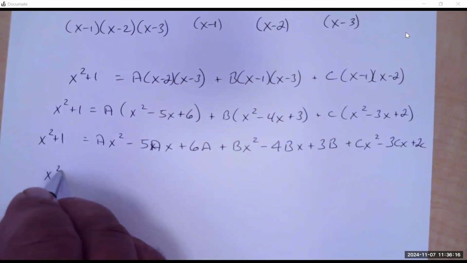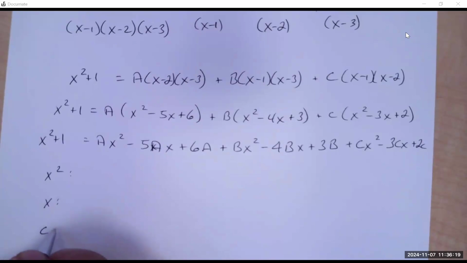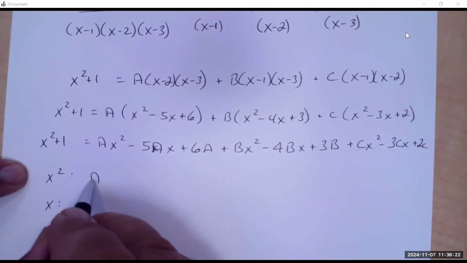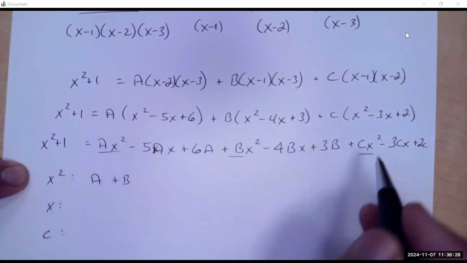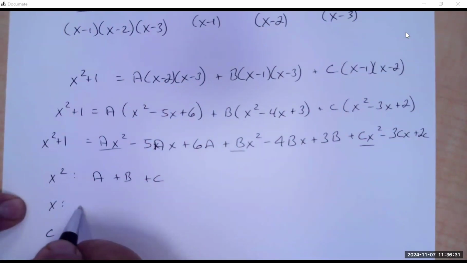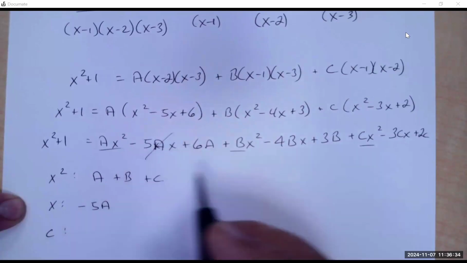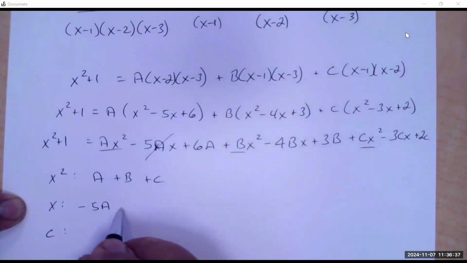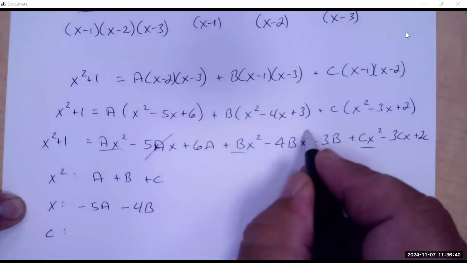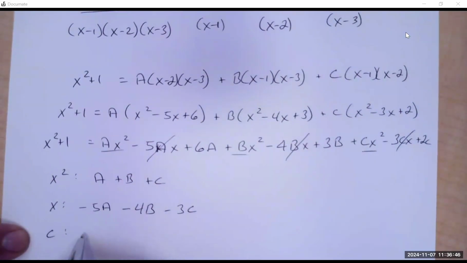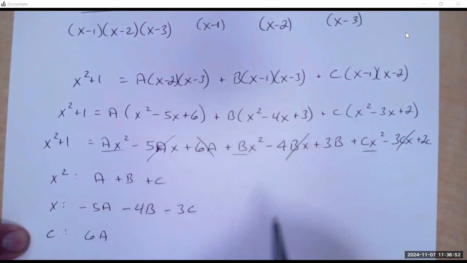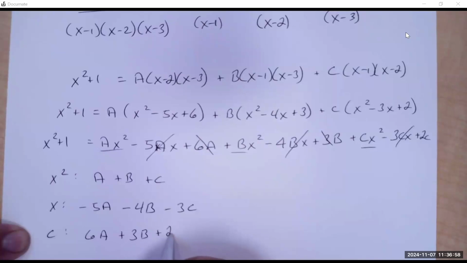So for the x squareds, the x's and the constants, we have A plus B plus C, negative 5A, negative 4B, negative 3C, 6A plus 3B plus 2C.